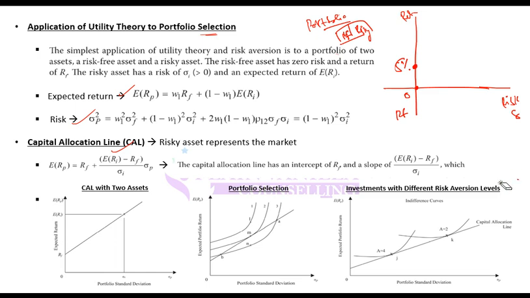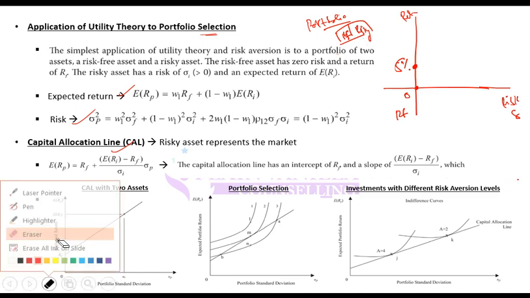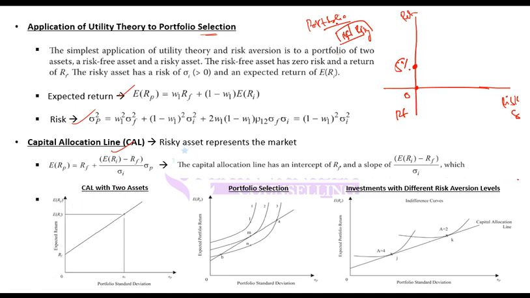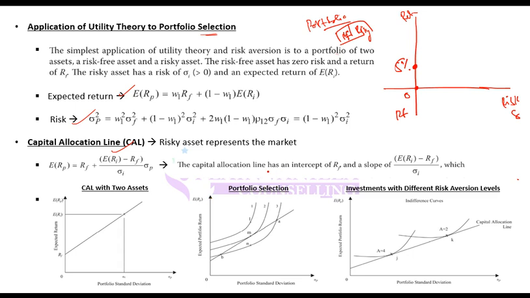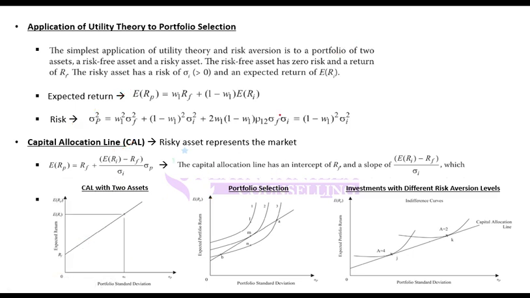Let's say we have a portfolio of a risk-free asset and a risky asset. So what can be the different combinations? I can invest the whole of the amount in the risk-free asset and 0% in risky.